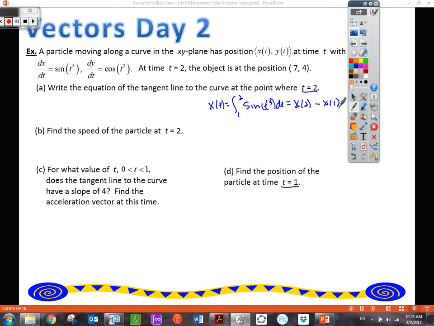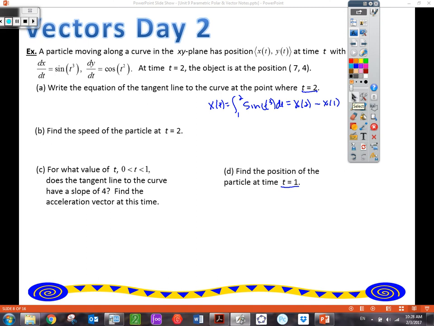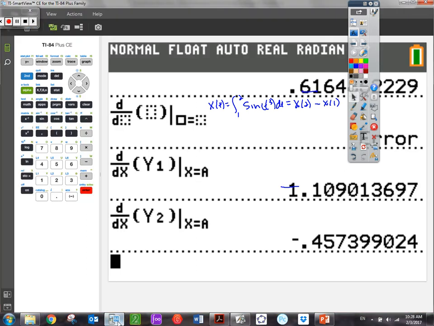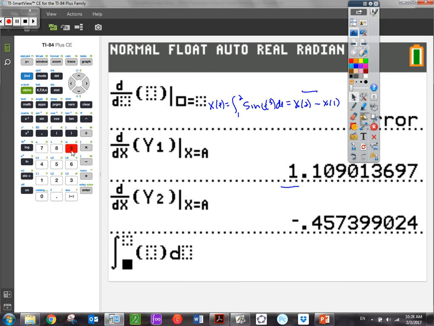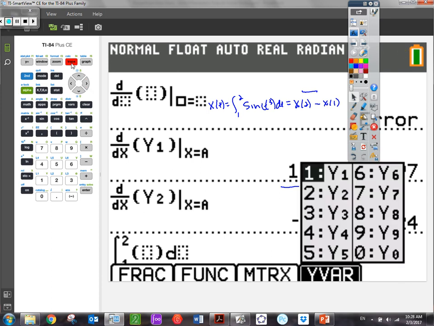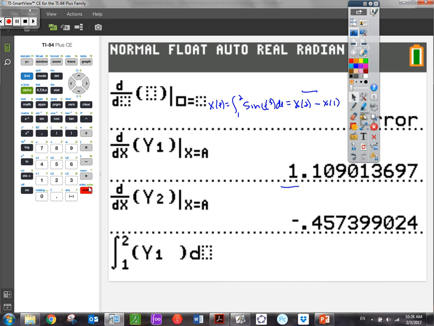Okay, so what do I do? I put this in my calculator. So let's move to the calculator real quick and get that down. So we need our integral, which is math 9 from 1 to 2. And we want to put the sine there, which we put in y1. So alpha trace y1. And then our dx.